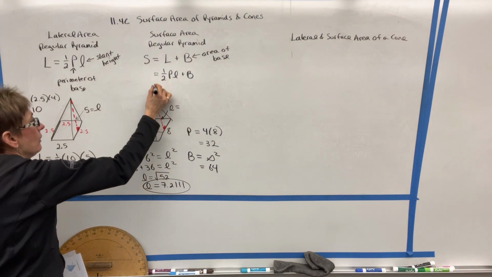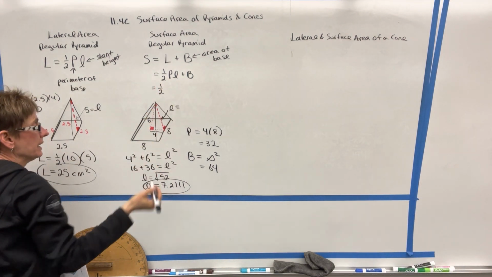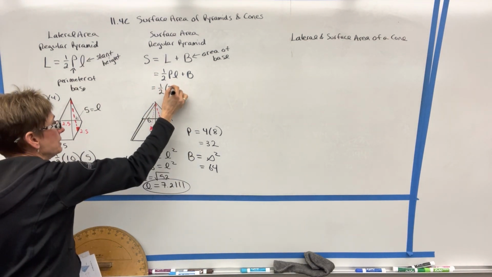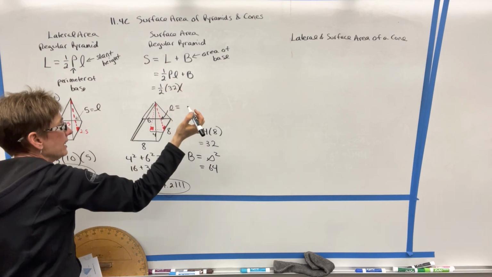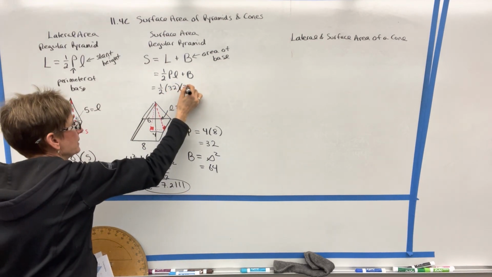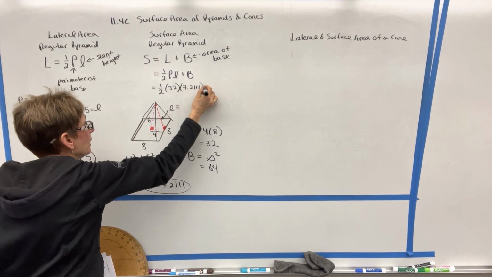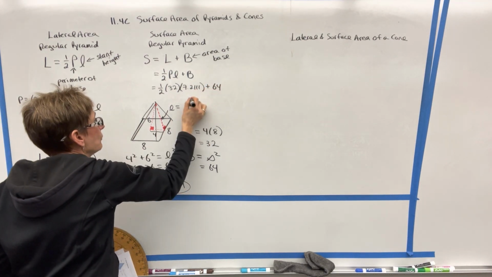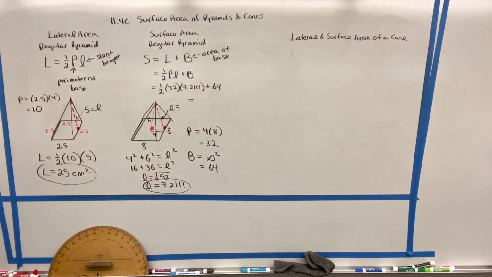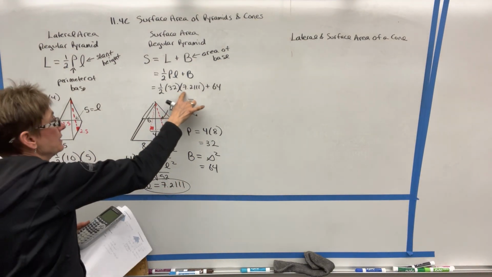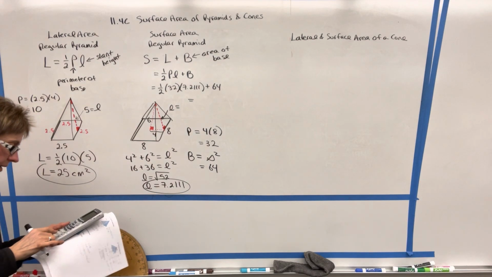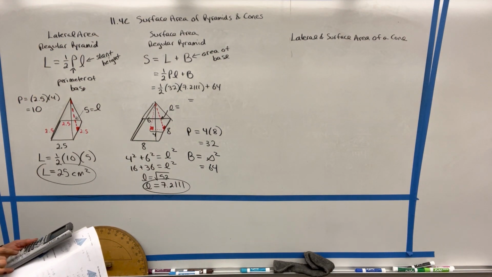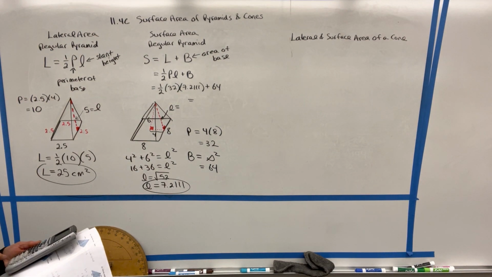So let's plug in all the information and see what we get here. Our perimeter is 32. Our slant height is this long number here, 7.2111. And then the area of the base is 64. Now what I like to do is I kept this number in my calculator. Then I'm just going to go times 32 times 0.5.